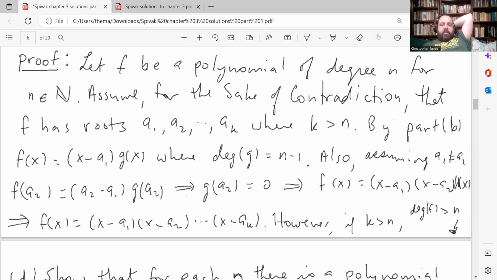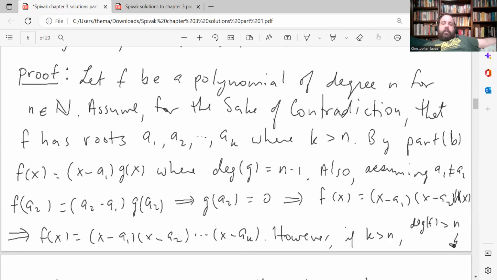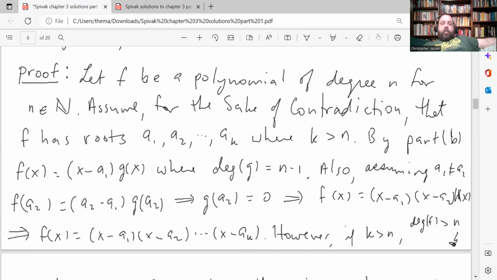Assuming the polynomial has k roots, you can factor f of x until it becomes a product of linear factors, (x minus a1) times (x minus a2) and so on all the way to (x minus ak). However, if k is greater than n, then f of x has degree greater than n, which is a contradiction because we assumed the degree of f was n. That shows that f has at most n distinct roots.